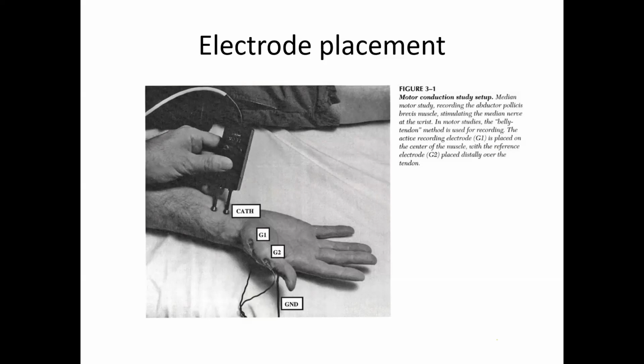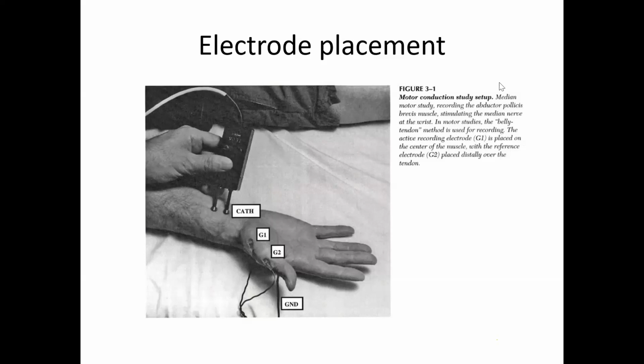So what happens if you put the anode over here and the cathode over here? Anodal block. Yes, understood. So you always have to keep black to black, cathode to cathode. That is how we follow.